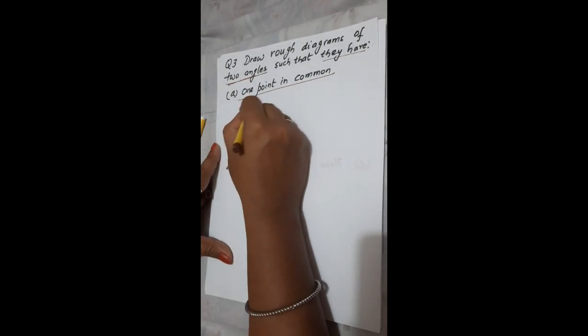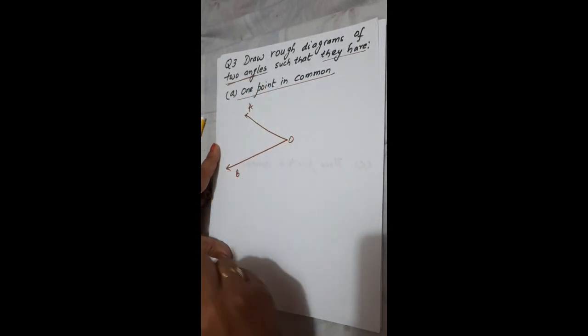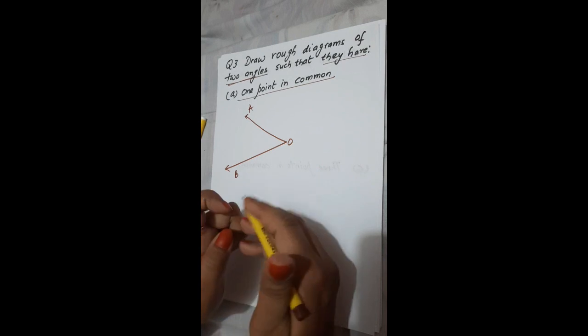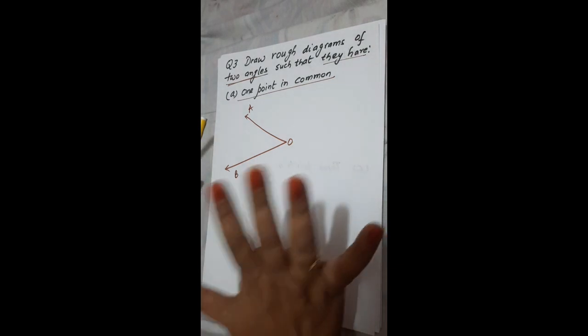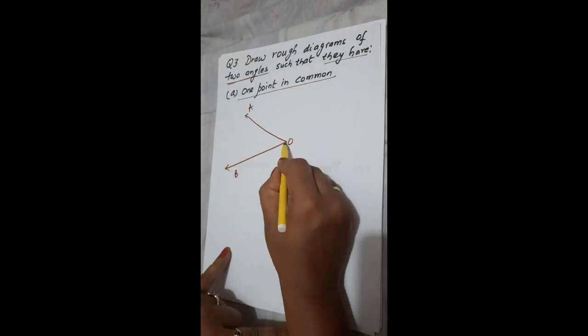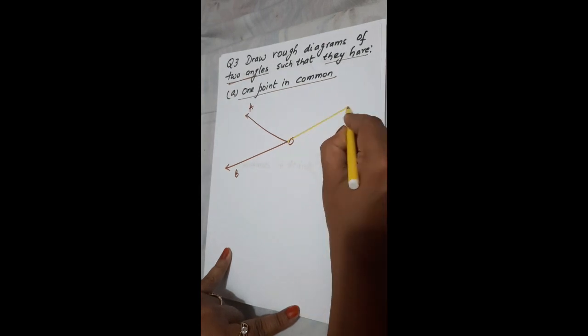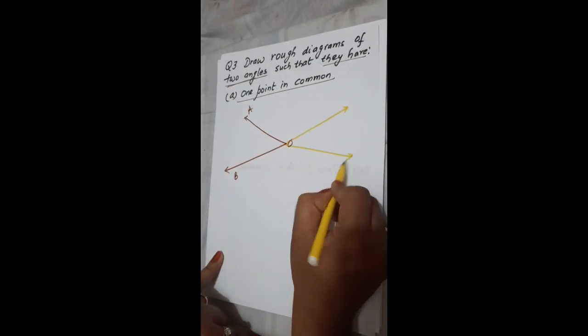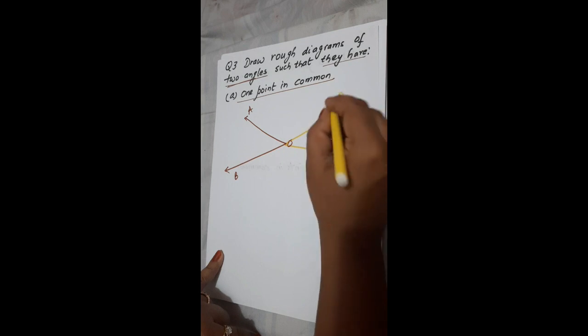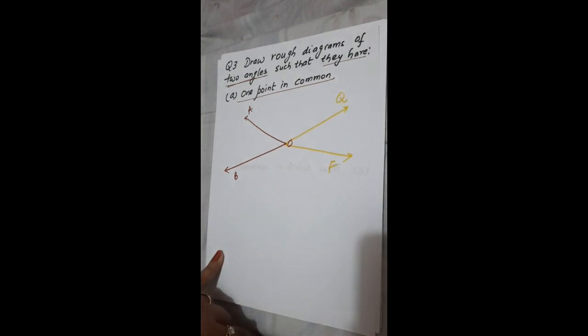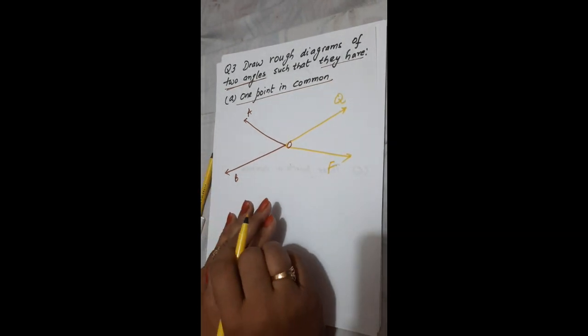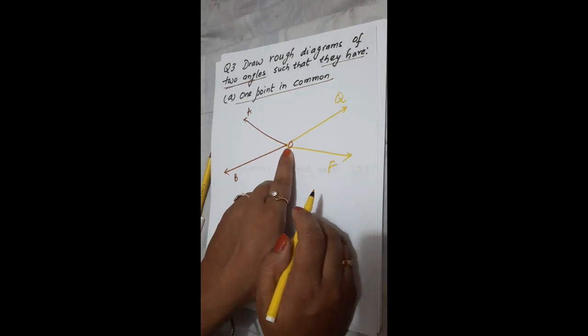This is my angle AOB, and the second angle should be like that, so that there is one point in common. So if I take this point, from this point let me draw another angle QOF. If I draw in such a way, only this point is common, O point is common.